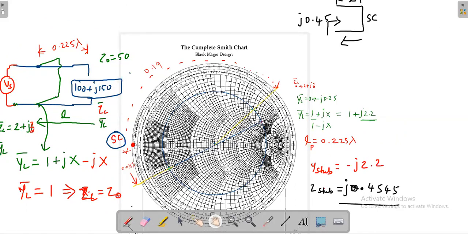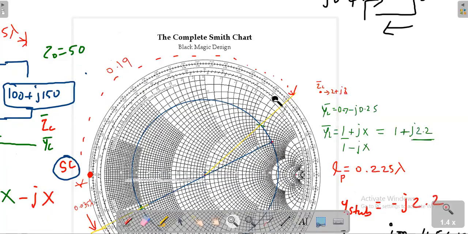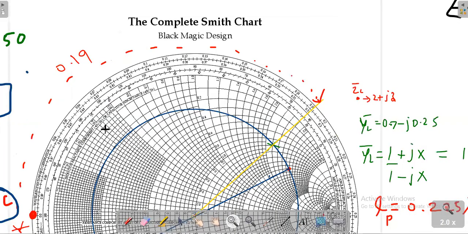So I'll zoom the diagram. Where is 0.45? Definitely it will be here. This is 0.4, this is 0.5. Then 1, 2, 3, 4, 5. So 0.45 is something like the middle.